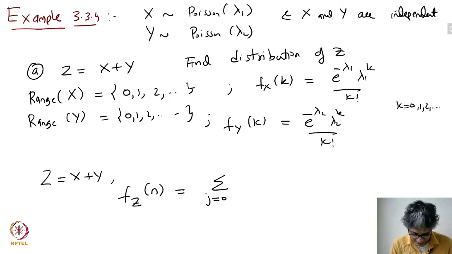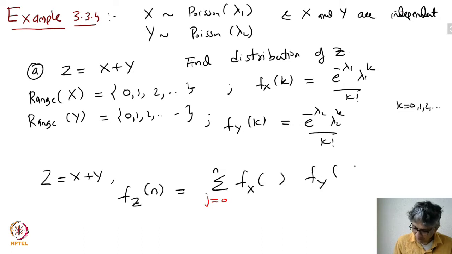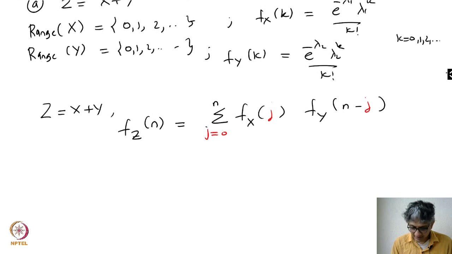Let's say n is fixed. And I have f sub x at the point j, f sub y at the point n minus j, right? That's what it is. So now I know the expressions for f sub x and f sub y. So what will I get?